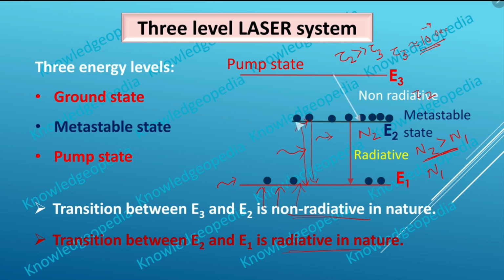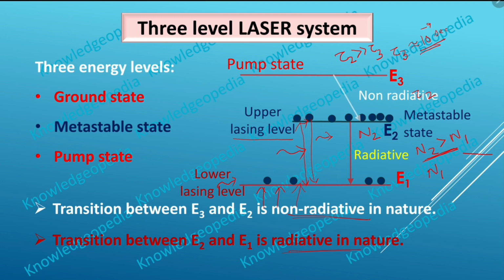That means we get the laser output whenever the atoms move from energy state E2 to energy state E1. These are the two energy levels which give us the output, and hence E2 is known as the upper lasing level and E1 as the lower lasing level.